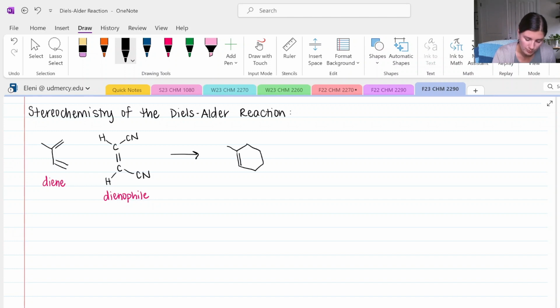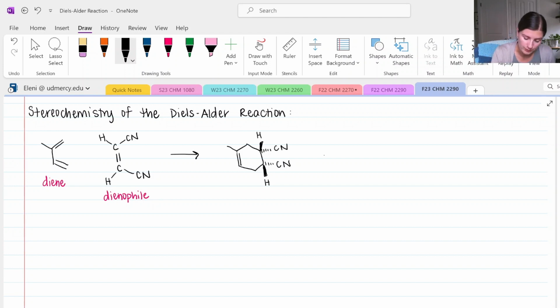We have a new double bond between carbons 2 and 3 on the diene. And then we have the 2 hydrogens on the carbons that are originally part of the dienophile both on wedges, and the nitrile groups on dashes.